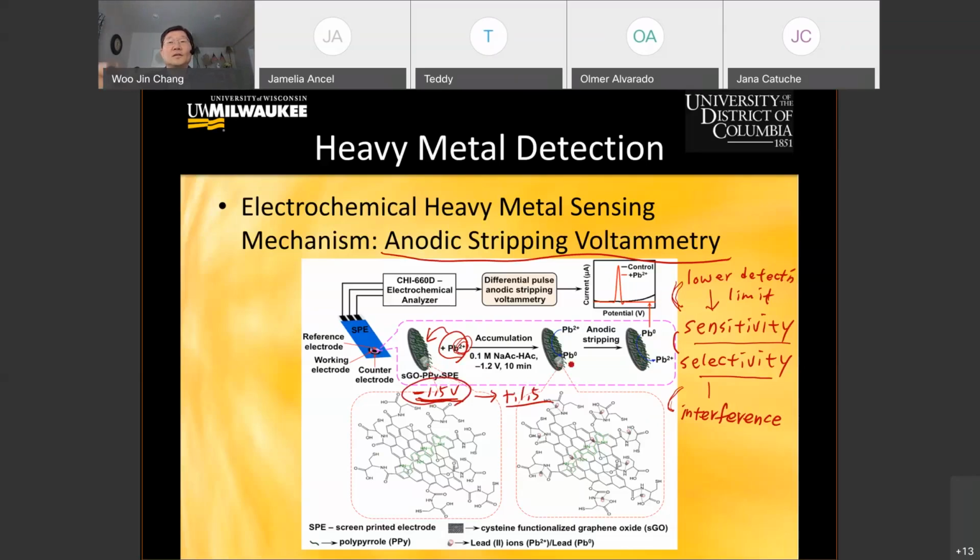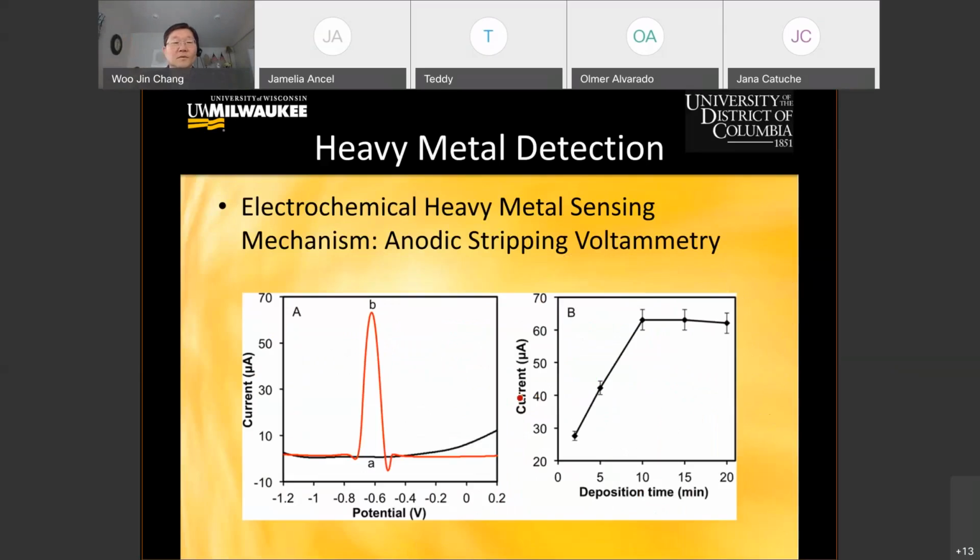And also at the same time, instead of just applying a certain potential, I can sweep the potential. As described here, you can see the potential applied to the active electrode can be swept from minus 1.2 to 0.2.